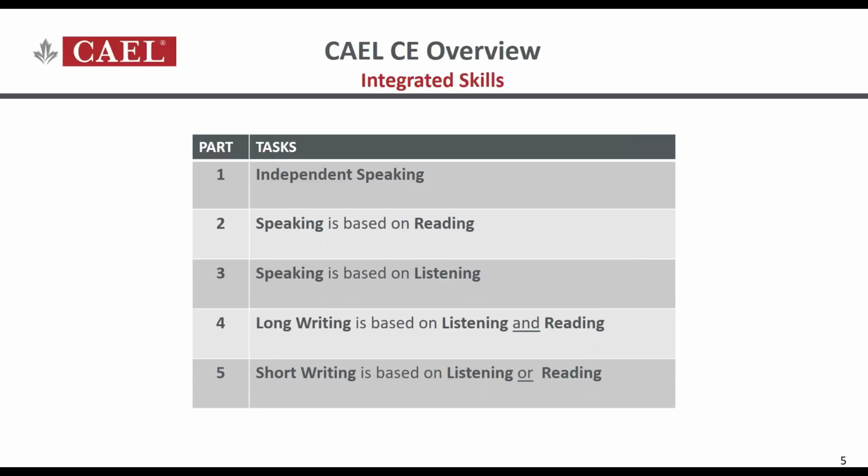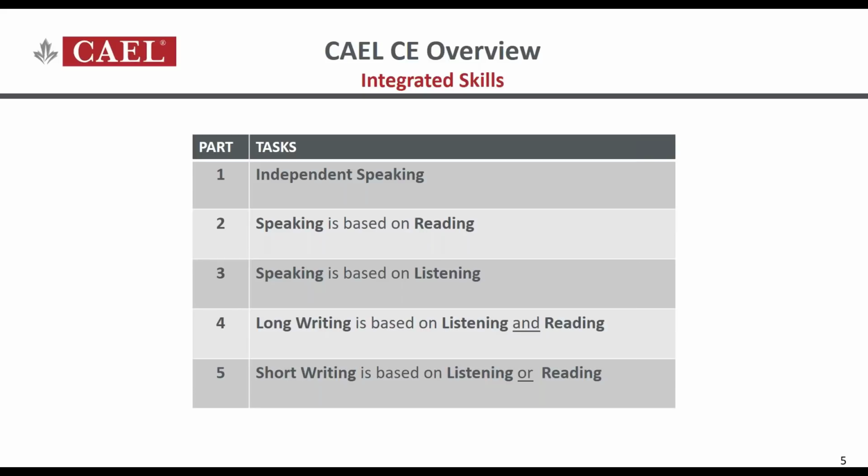So this is how the integrated skills break down for each part. This is a very simplified chart, but it gives you an idea of what to expect. In part 1, it's independent speaking. So like I said, part 1 is just about speaking. But then part 2 has speaking questions that are based on reading questions. So you can see a reading passage, answer some questions about the reading, and then later you will do a speaking question that is related to the reading that you just did. And they are the same subject.